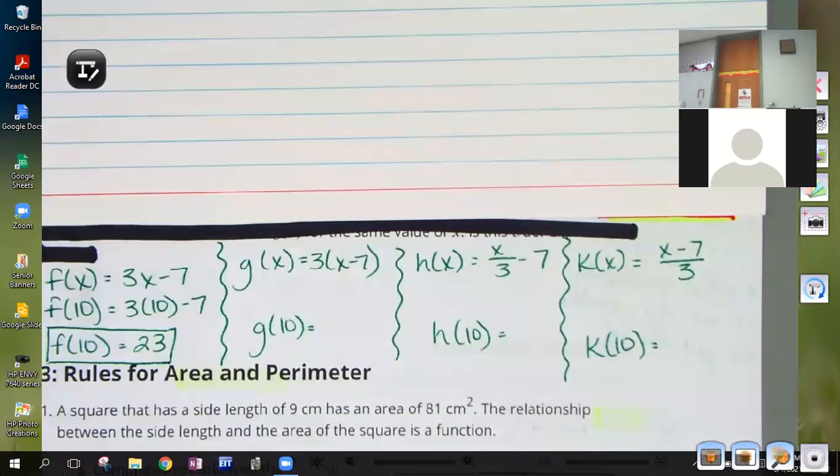I'm so off. I got this one wrong. Got about 40 seconds left.